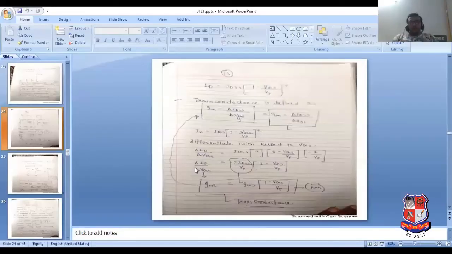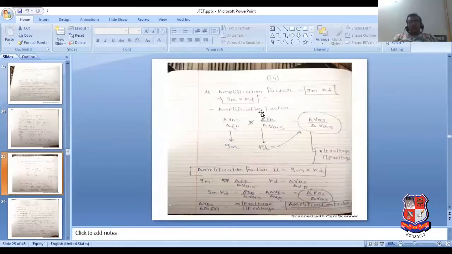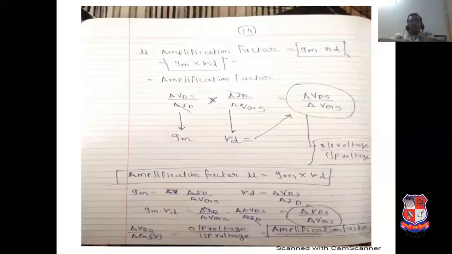Next point, which is considered as the amplification factor. Now see, what is the meaning of amplification factor? It is known as output voltage divided by input voltage. Sorry, amplification factor means what?